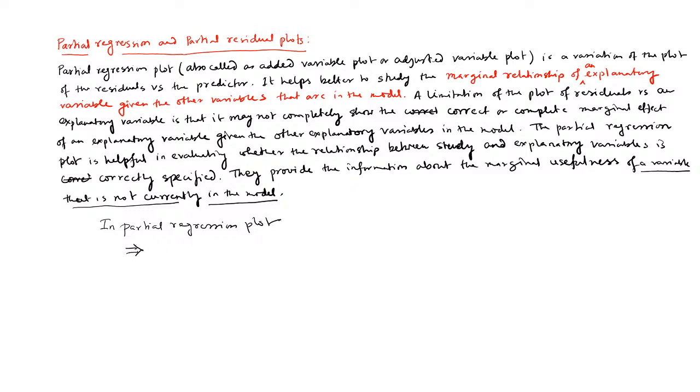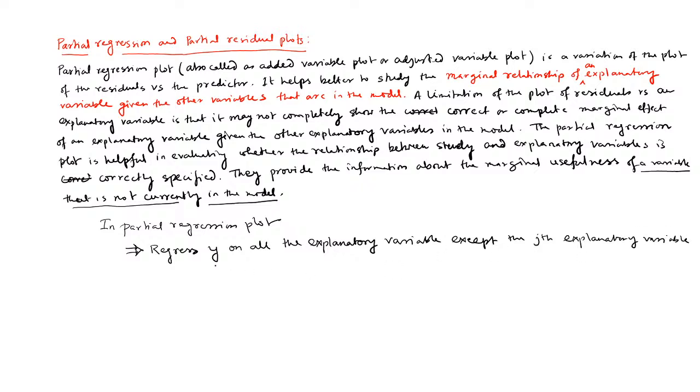First we regress y on all the explanatory variables except the jth explanatory variable xj and obtain residuals, ey given x(j).